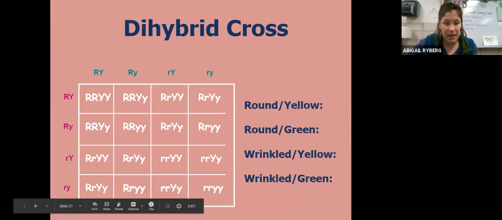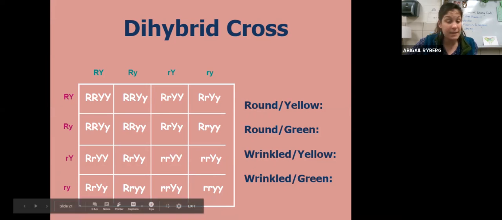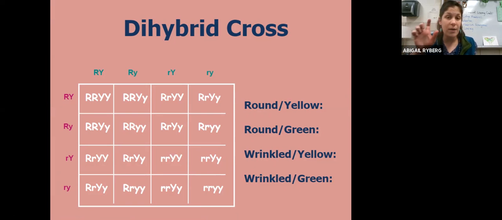This is round and yellow, 7. This is round and yellow, that's 8. Round and yellow is 9. And that's it. So 9 of the offspring would be both round and yellow because they have at least one of the dominant alleles of each.